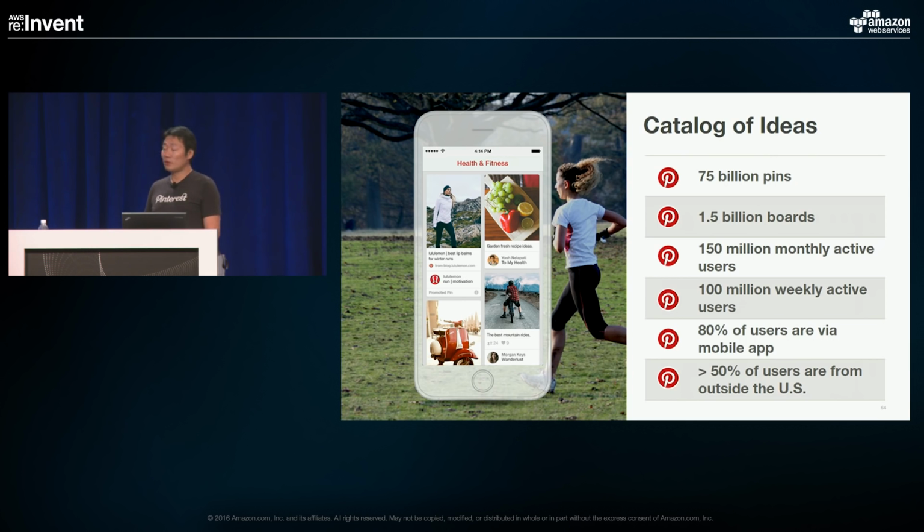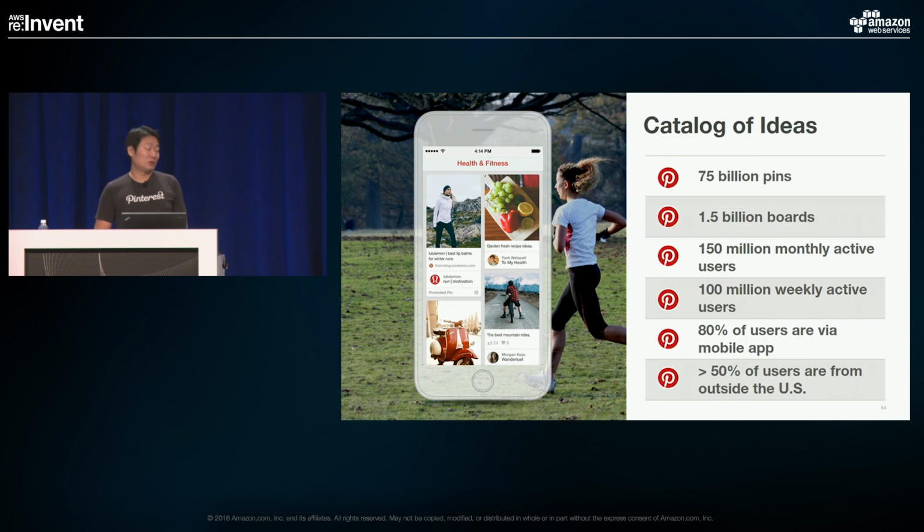You can also see we have a tremendous amount of data, like pins and boards of many users. We store all of them in AWS. A little bit of history: Pinterest was built on top of AWS since it was built in 2010.